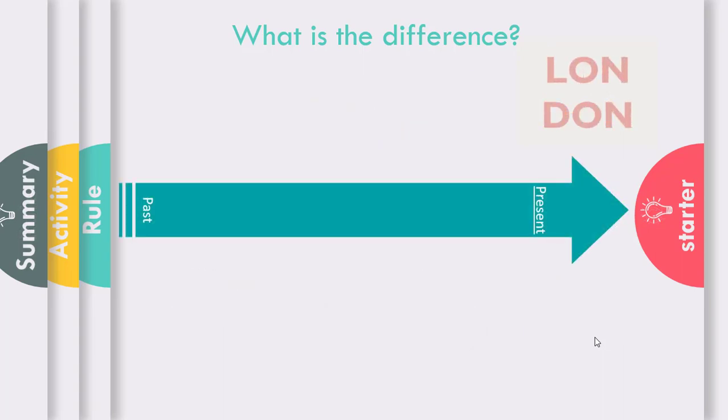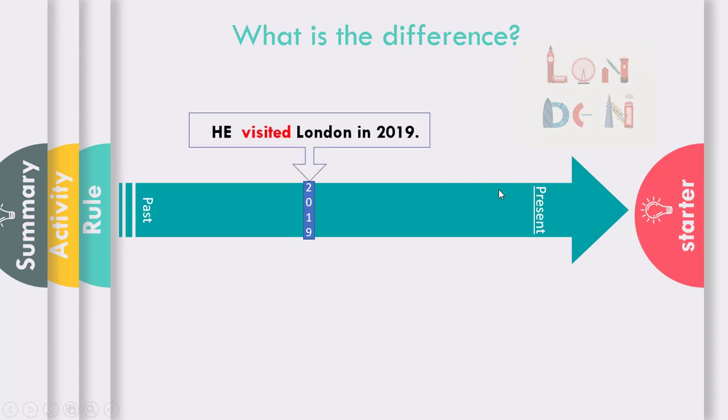If you look to the timeline between the past and the present, if we said in 2019 he visited London, this is a specific time. Here the time is definite, الوقت محدد.